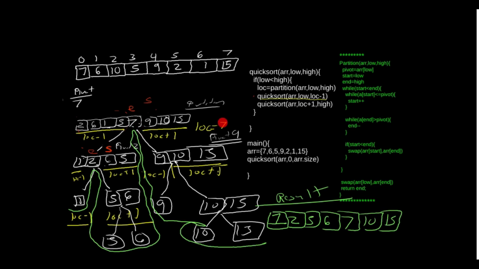I forgot to tell you, when we go to 7 here, in the main function, not recursively, quicksort is being called, as you can see.